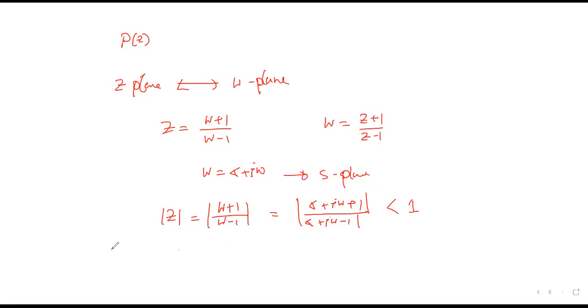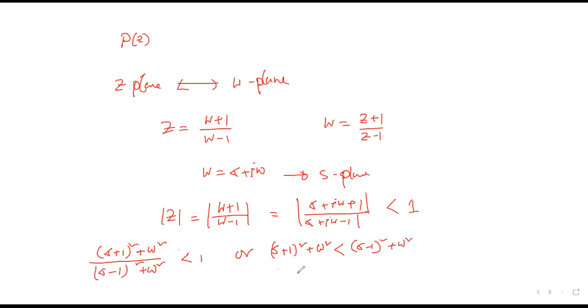If we simplify a bit, we get (sigma plus 1) whole square plus ω square divided by (sigma minus 1) whole square plus ω square. This magnitude has to be less than 1, or we can say (sigma plus 1) whole square plus ω square has to be lesser than (sigma minus 1) square plus ω square.